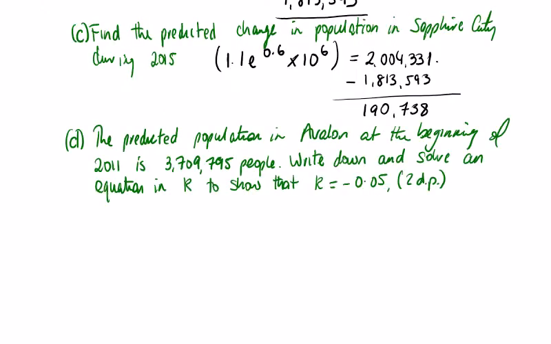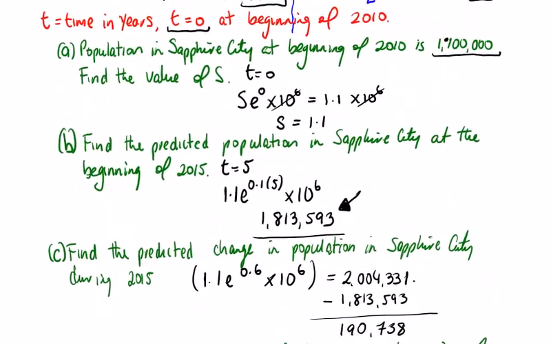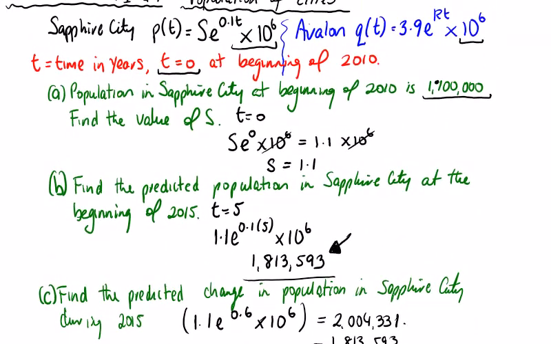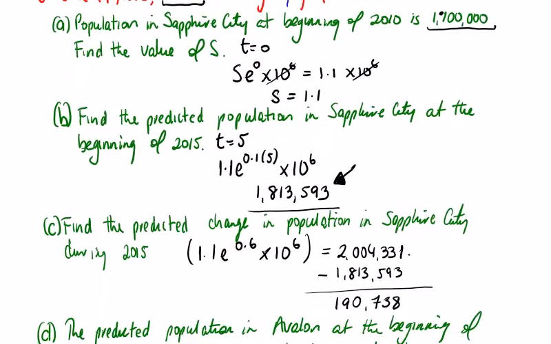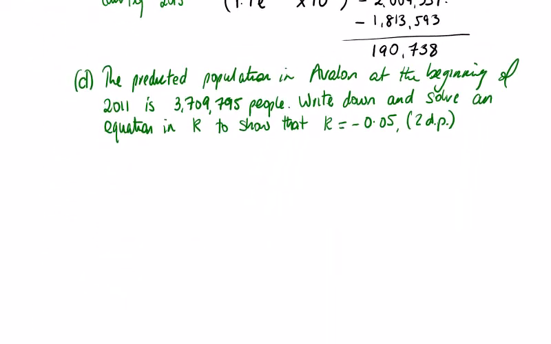Part D. The predicted population in Avalon at the beginning of 2011 is 3,709,795. Write down and solve an equation in k to show that k is equal to minus 0.05, correct to 2 decimal places. Avalon, 3.9 e to the power of kt by 10 to the power 6 has to be equal to 3,709,795.